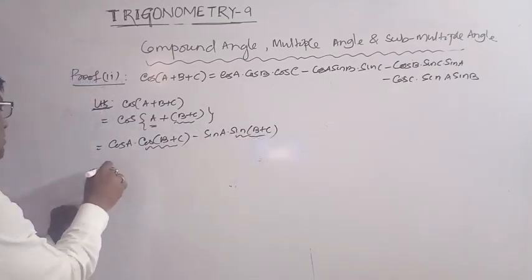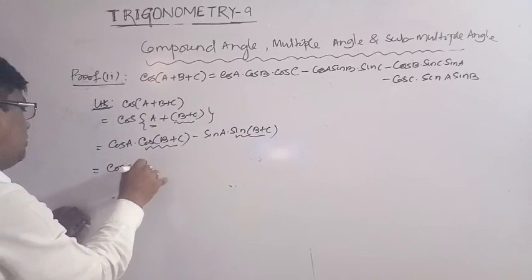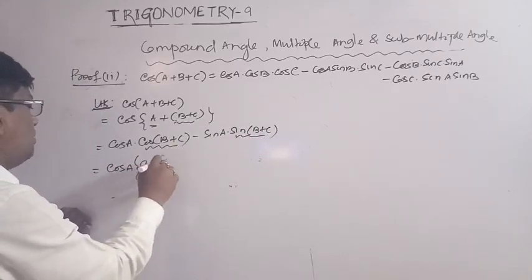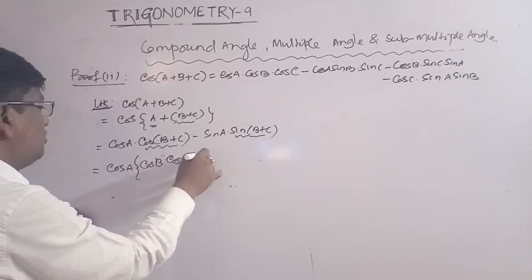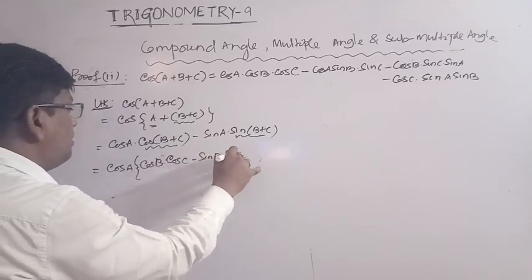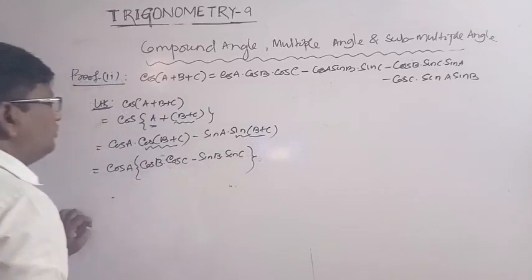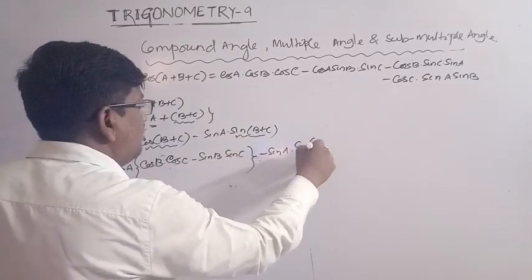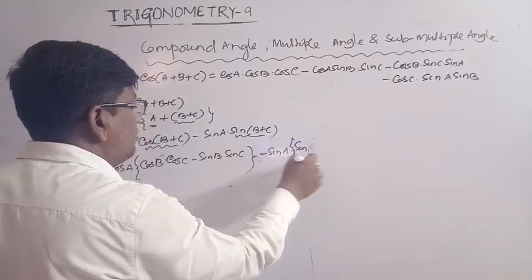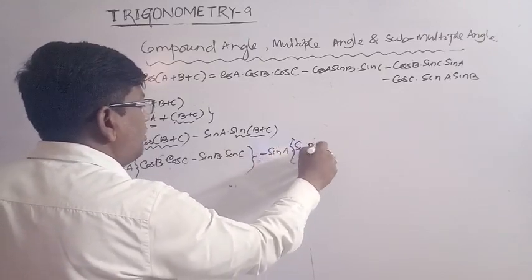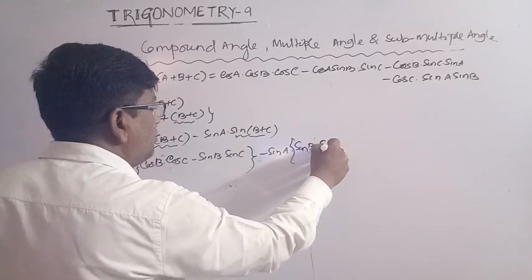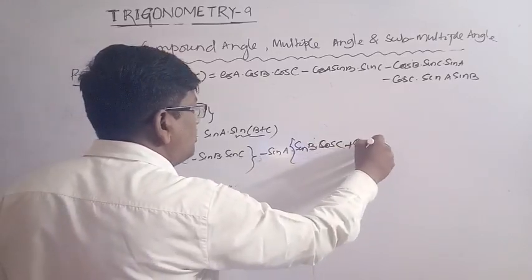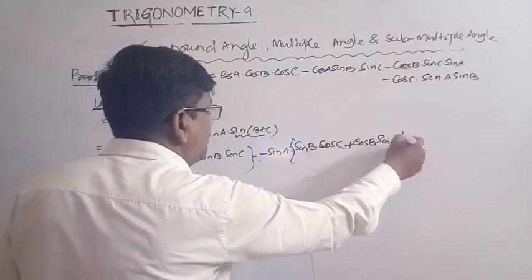So what happens here? Cos a, cos b plus c, that is what? Cos b into cos c minus sin b into sin c, minus what? Sin a into bracket, sin b into cos c plus cos b into sin c.